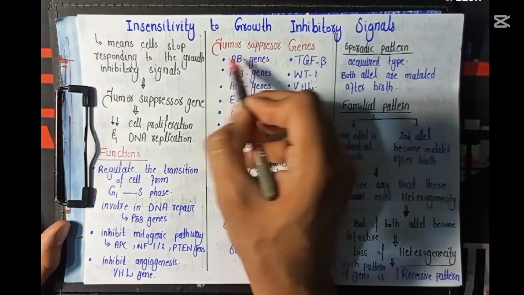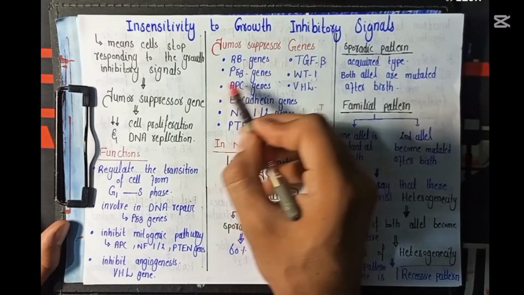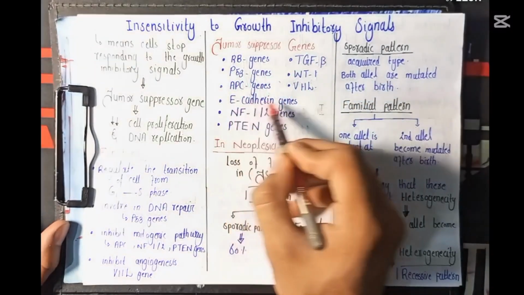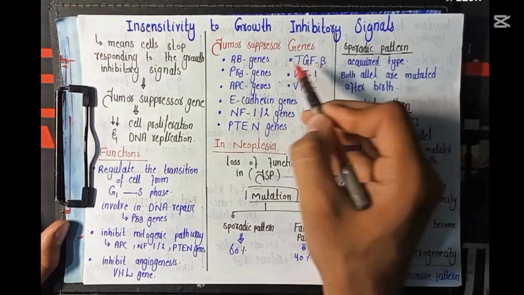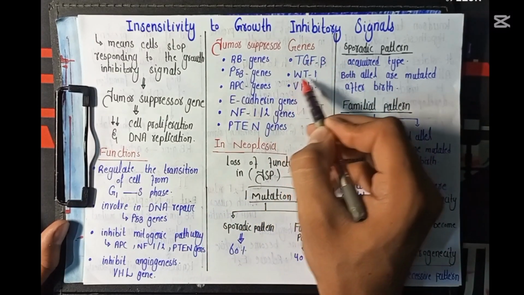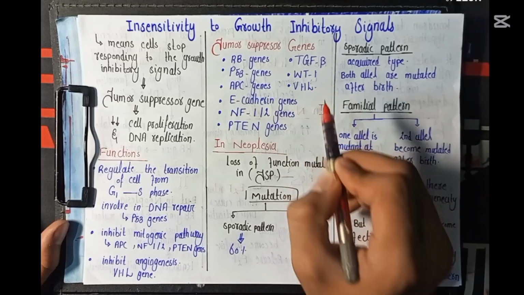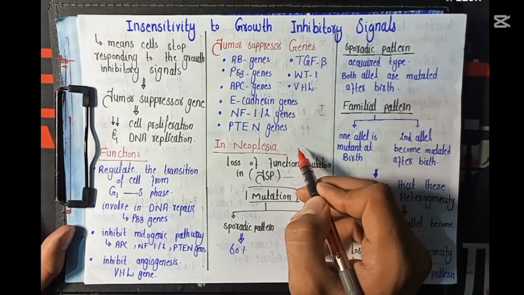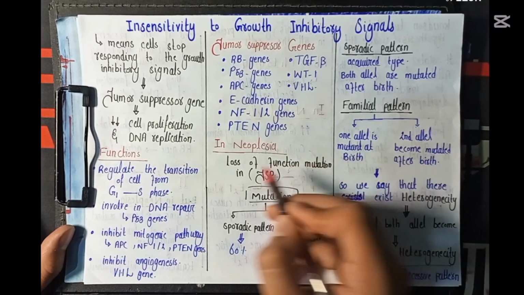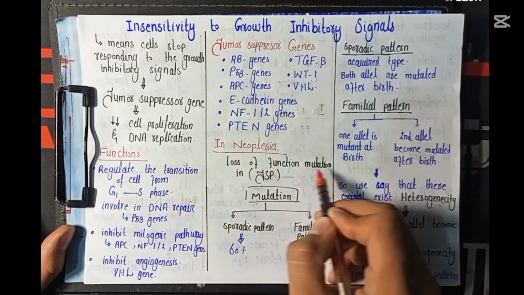The various kinds of tumor suppressor genes include RB genes, P53 genes, APC genes, E-cadherin genes, neurofibromin 1 and 2 genes, PTEN genes, transforming growth factor beta genes, WT1 genes, and the von Hippel-Lindau genes.